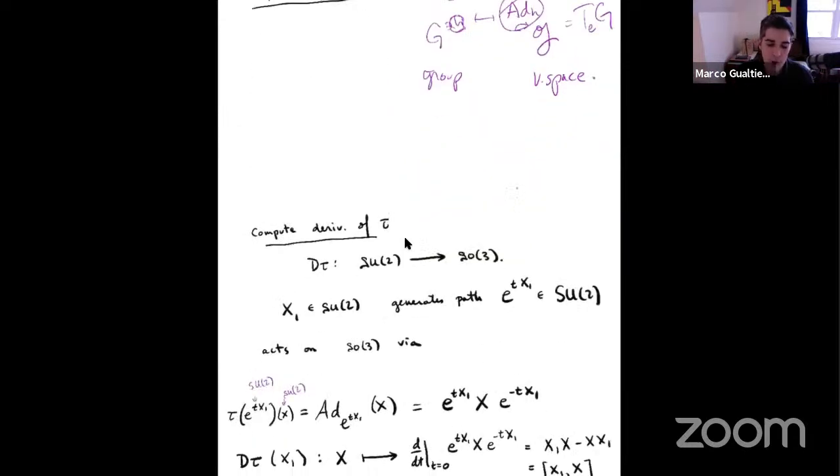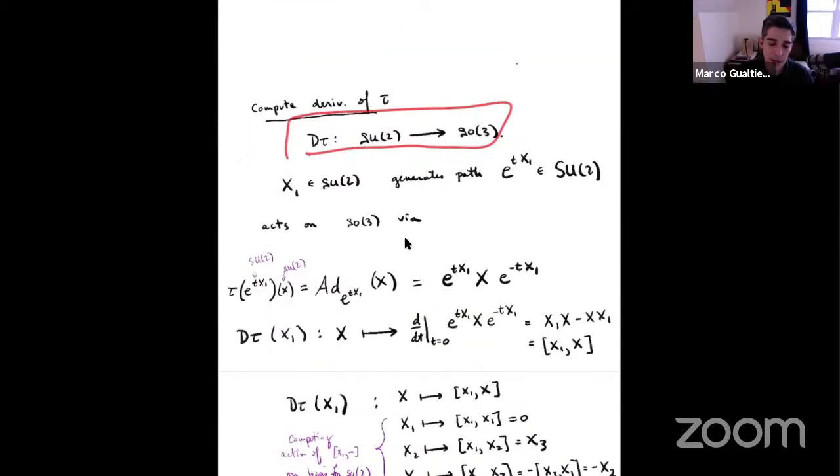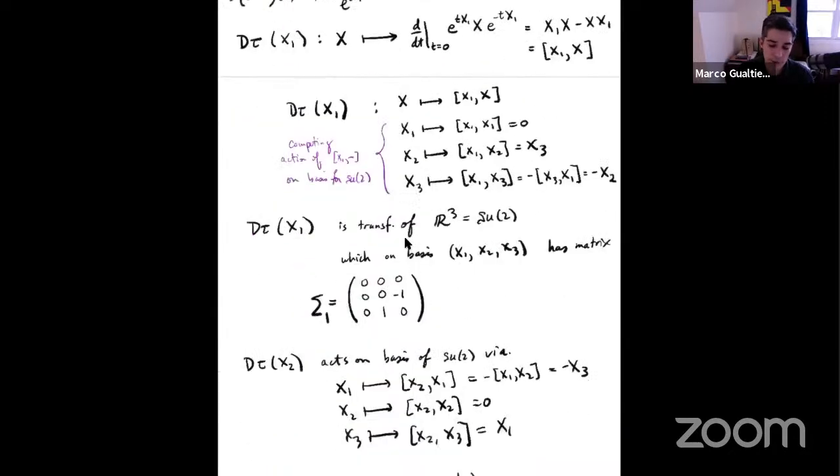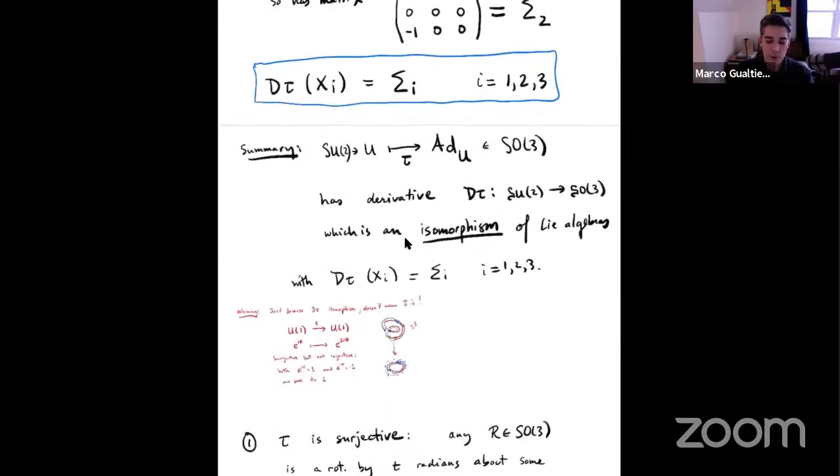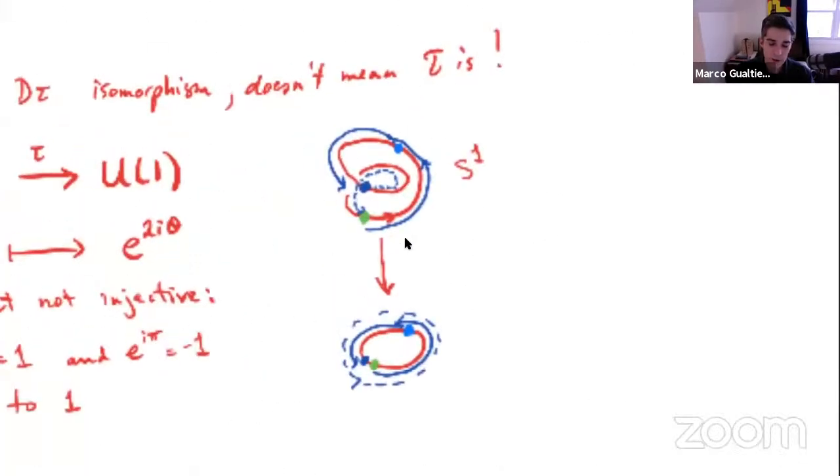So I took the derivative of the map. And this derivative is a map now from the three-dimensional Lie algebra to this three-dimensional Lie algebra. And you can check that it's an isomorphism. If you take the basis of the first vector space and the basis of the second vector space, it takes one to the other. So we have a situation which identifies tangent spaces, even though the spaces are not identified.